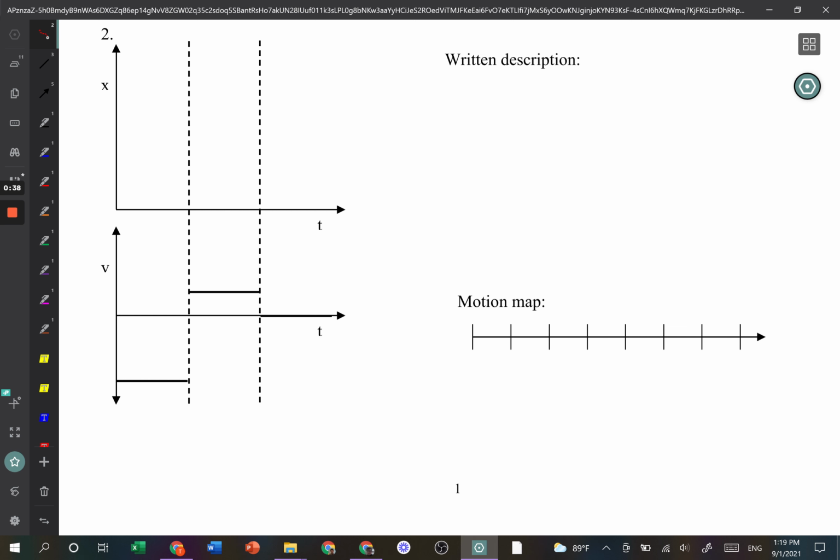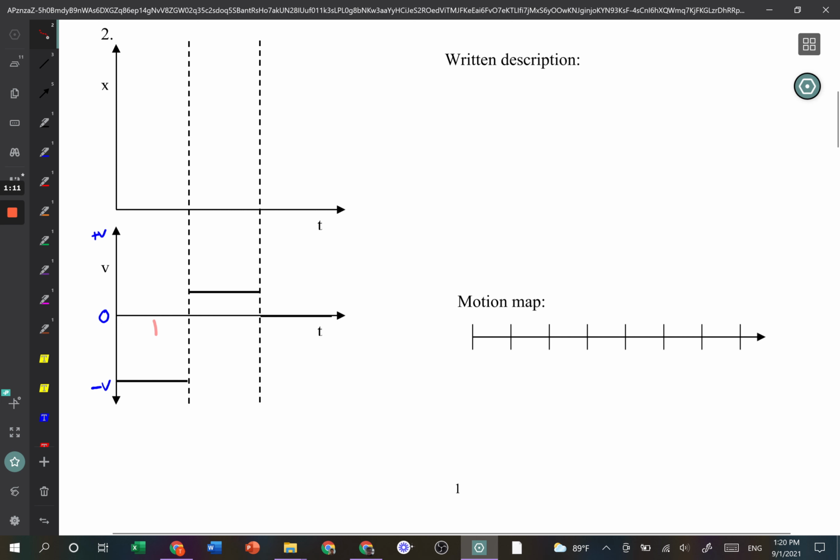So one thing that I am seeing in this first region is I know that for my velocity versus time graph, that horizontal line that's labeled T, that's going to be my x-axis, and that's how we know what time it is. Everything underneath that x-axis is going to be a negative value, negative velocity. Everything above that is going to be positive velocity. So I can see in this first region of the graph up until this arrow, I have a negative velocity.